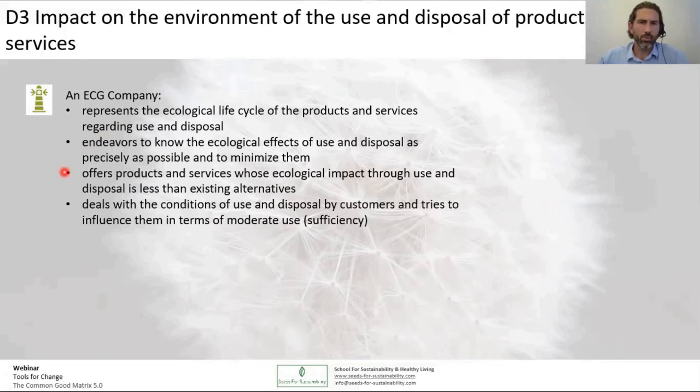Then offer products and services whose ecological impact through use and disposal is less than existing alternatives, which means I always have to start to strive towards excelling in sustainability, which means I still have to think competitively in a way, but to be competitive in a sporty way, to be better in ecological terms. And then we have to think of the conditions of use and disposal by customers and try to influence them in terms of moderate use.